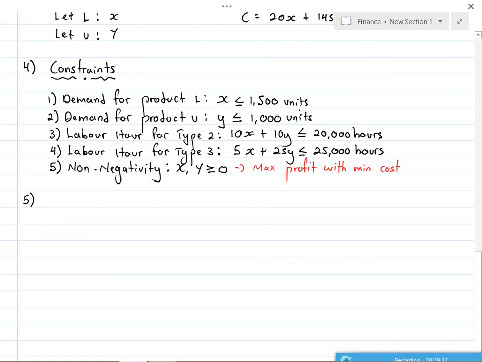Number 5. What is that? Graph the what? Graph the constraints.